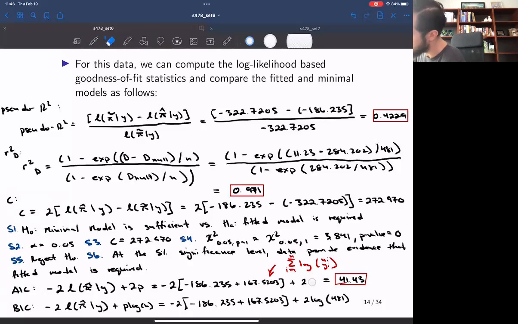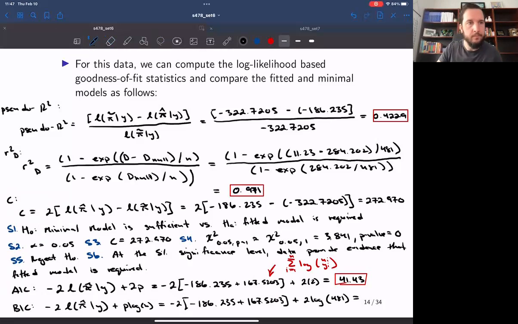Sorry, and I'll just fill this part in as well, 2 log 2. And this is going to give us 49.782.